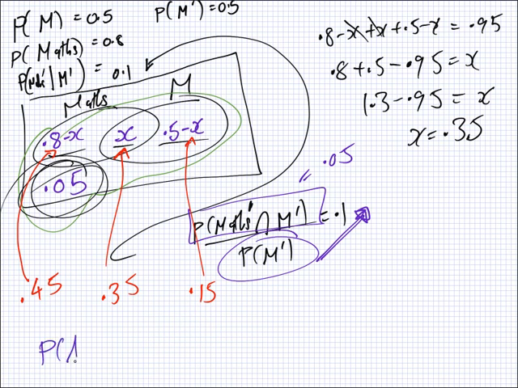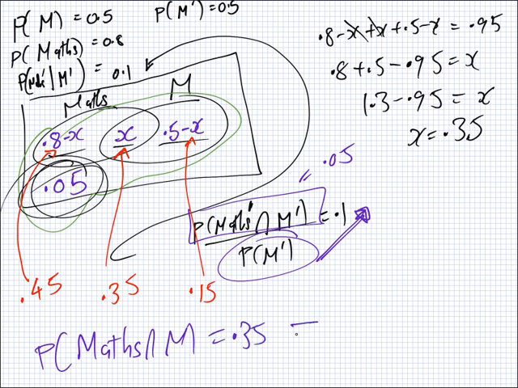So what's the probability of A and B, in this case here, maths and male? 0.35. Does this equal 0.5 times 0.8? No. Yeah, isn't it? 0.5 times 0.8.